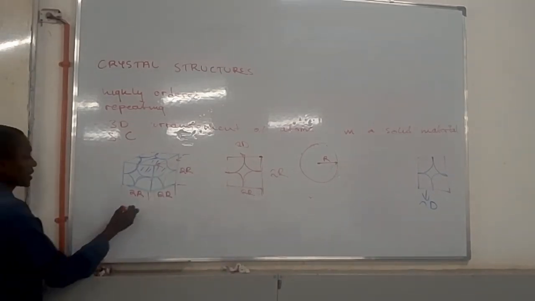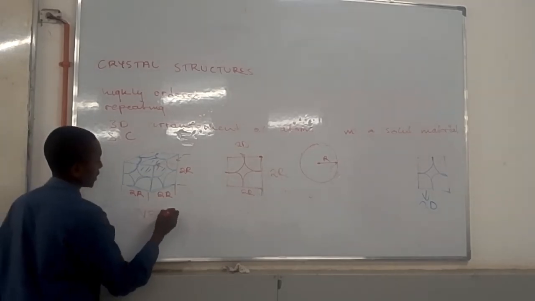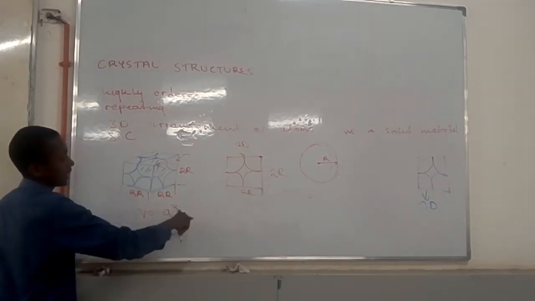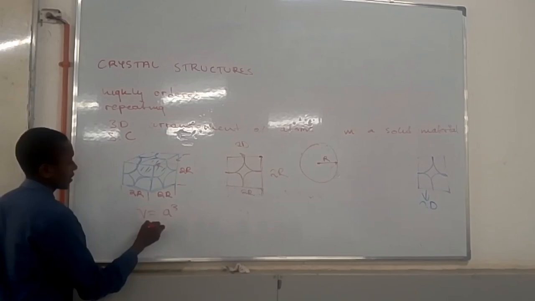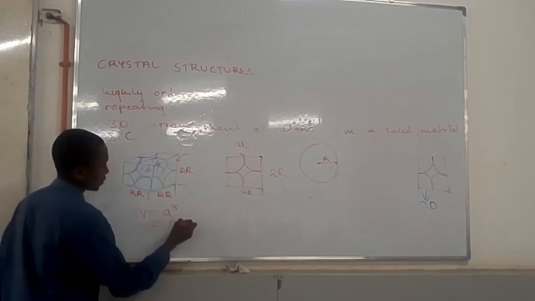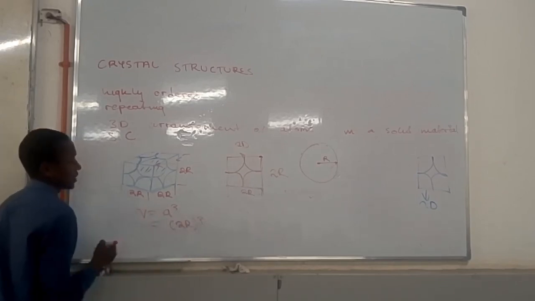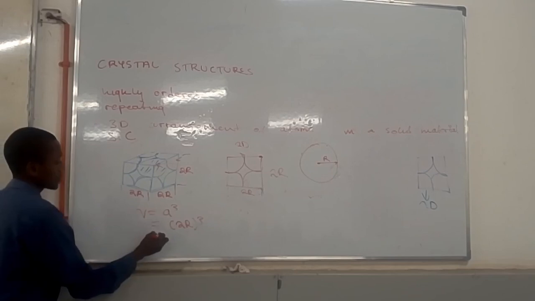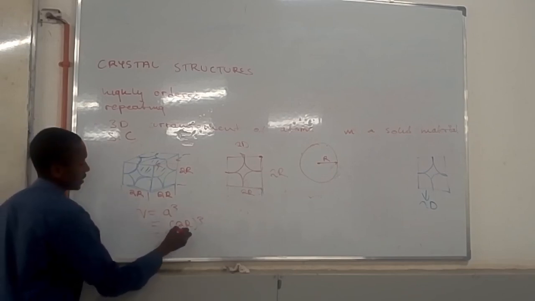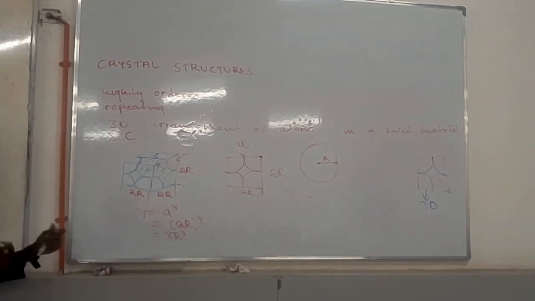The volume in that case would be V equals A to the power 3, but we know that A is equal to 2R, so the volume will be equal to 2R to the power 3. This would give us 8R to the power 3. Have I lost someone? Question?